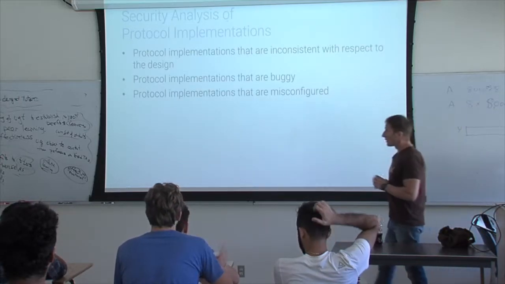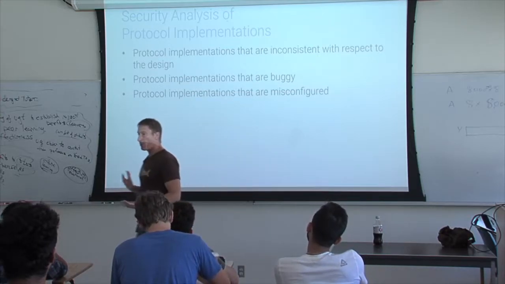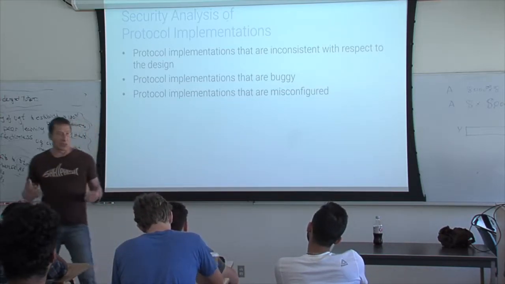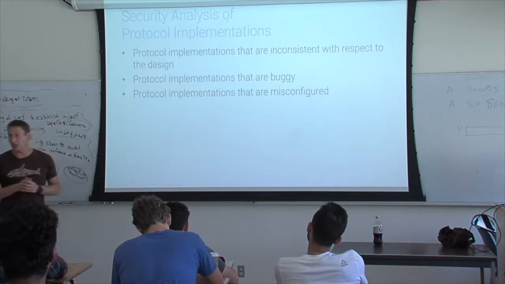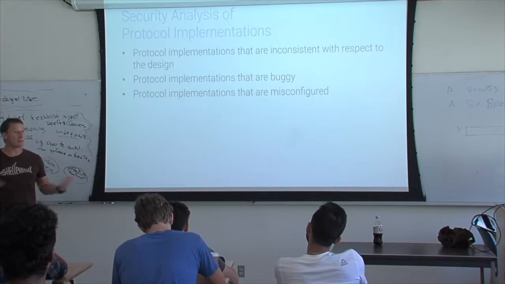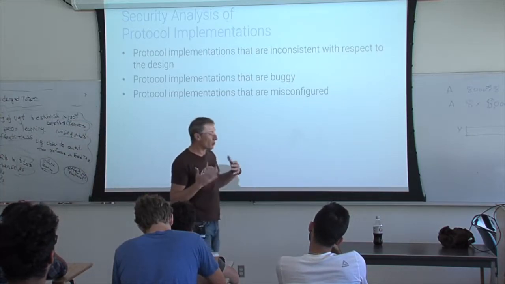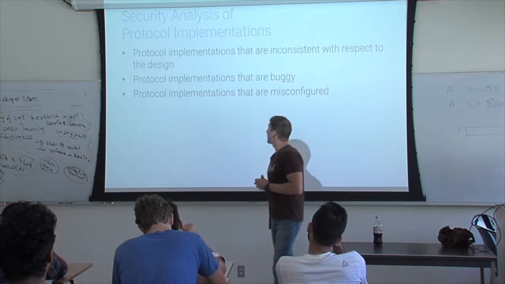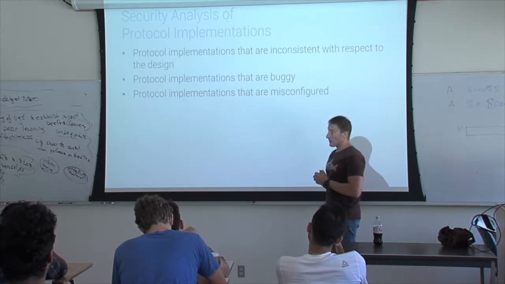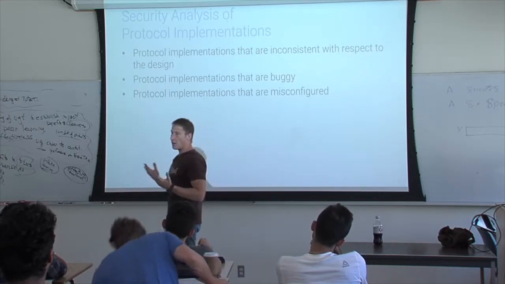And of course, you can look at design, but you can also look at implementations. For example, we will see the Heartbleed bug. It's not a protocol problem. Somebody implemented the protocol in a careless way or with a bug, call it whatever you want, and therefore you can find problems. In other situations, you can have things that are misconfigured.